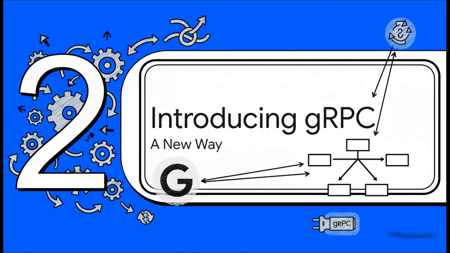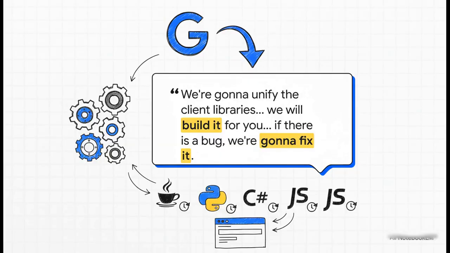This is the exact chaos that led to gRPC. Google looked at this situation and basically said, no way, this is unsustainable. They realized there had to be a better way, a more standardized approach to solve this mess once and for all. So the thinking was, we're going to unify the client libraries, we will build gRPC for you guys, there's a bug, we're going to fix it for you.